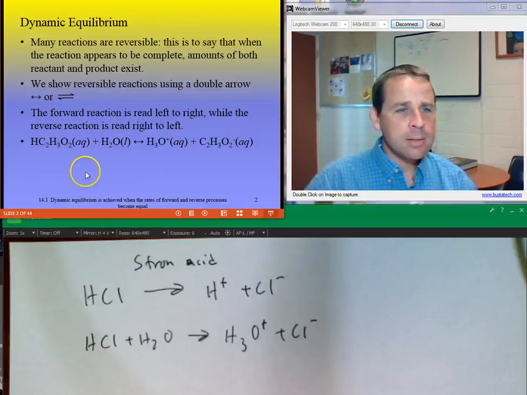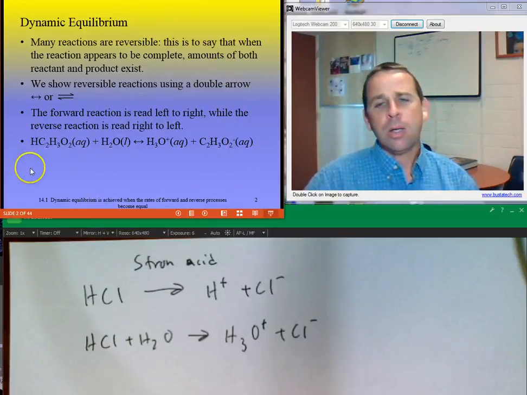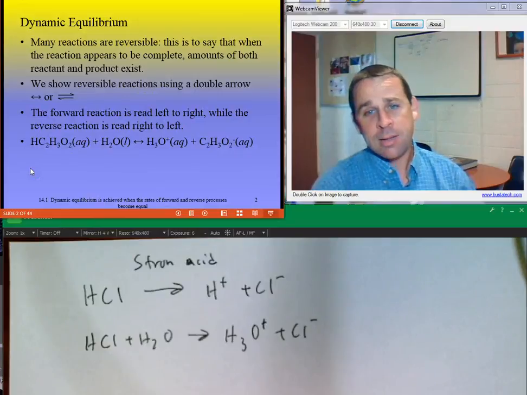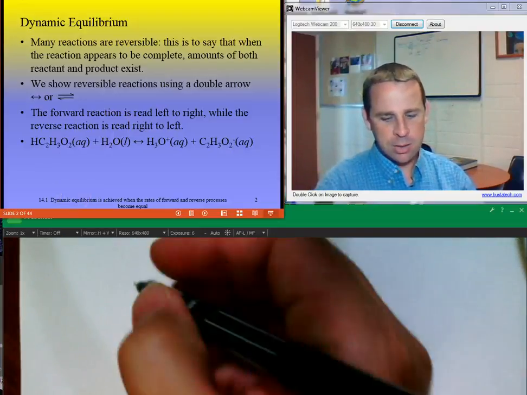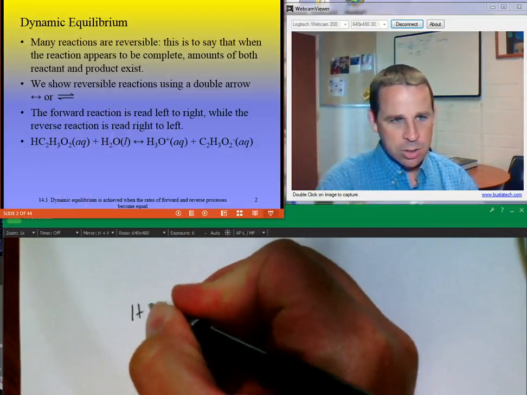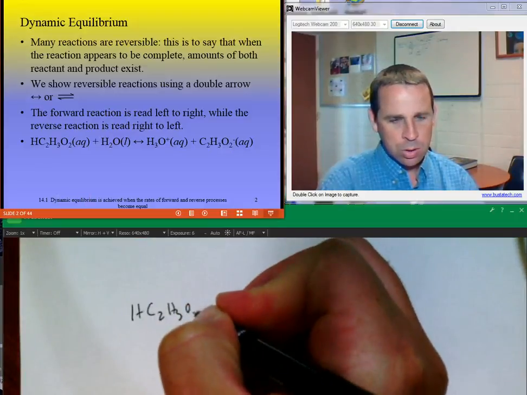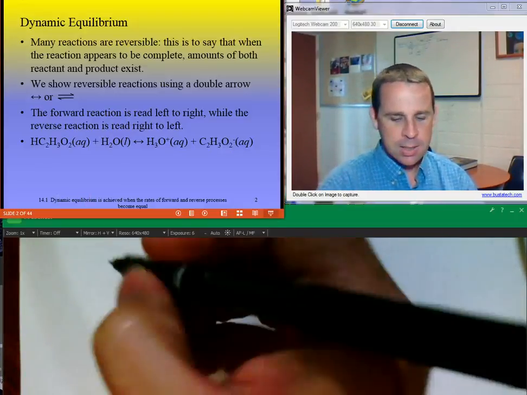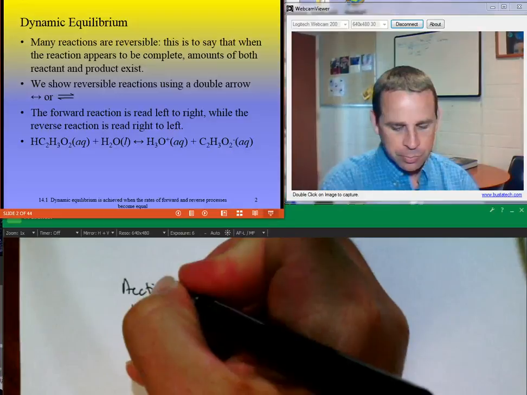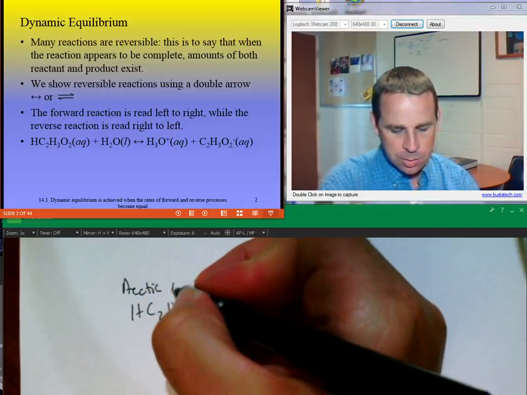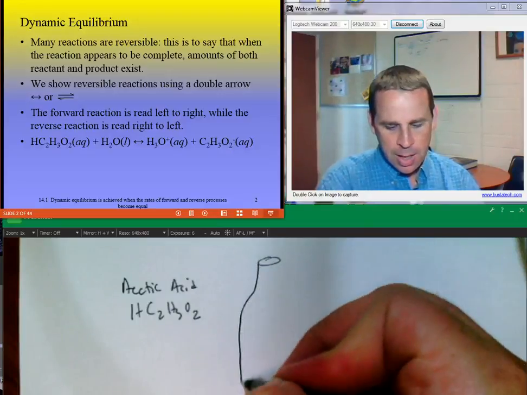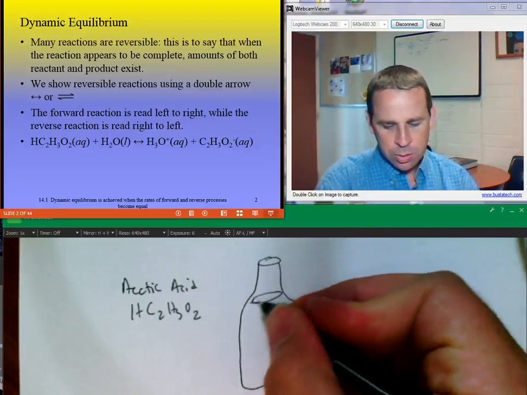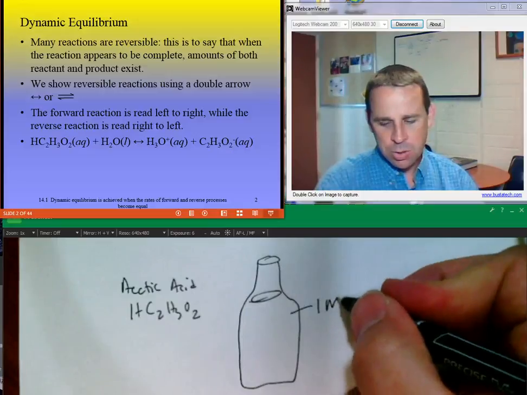A weak acid is an acid that doesn't dissociate completely. If you were to take a container of a weak acid, let's say I have HC2H3O2, which is acetic acid, and maybe it has some concentration, we'll say 1 molar.